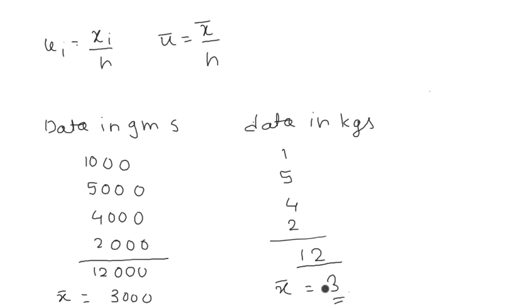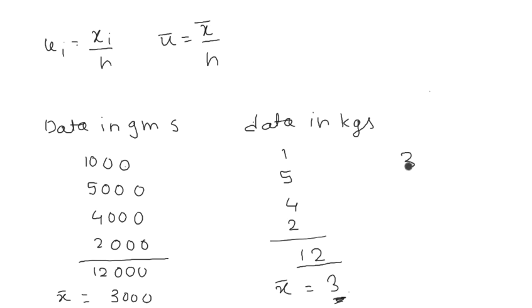It means if I divide each observation by some constant, then the new mean is also the old mean divided by that constant. That means the new mean is nothing but 3. How did I get that new mean?